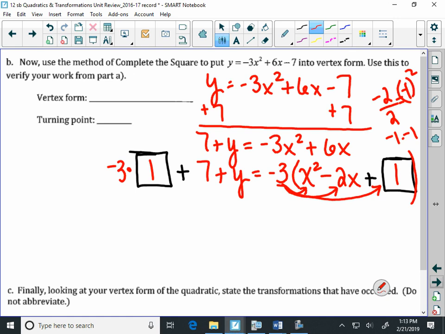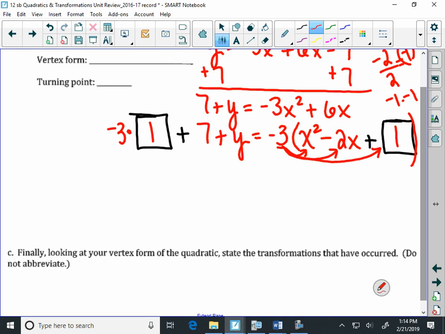And remember, we already did part A, so we know what we're looking for. Once we get this in vertex form, will our vertices match? Because they should. Negative 3 times 1 is negative 3 plus 7. And over here, when we factor, what goes in the parentheses needs to be the same value.